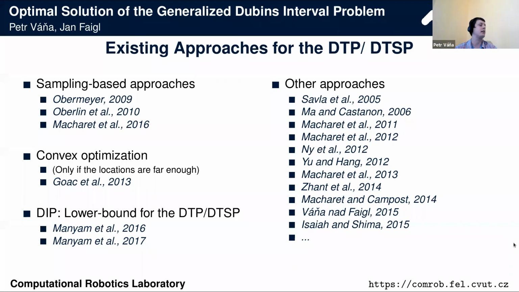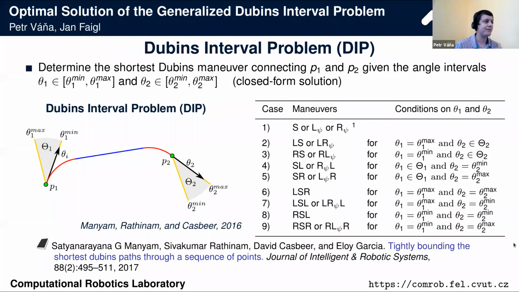And here down on the left, you can see that Manyam published 2 journal versions in 2016 and 17, which were providing the first lower bound for these problems, and I will talk about it later. But to make sure, this list is not complete, because I wouldn't be able to fit it on this slide.